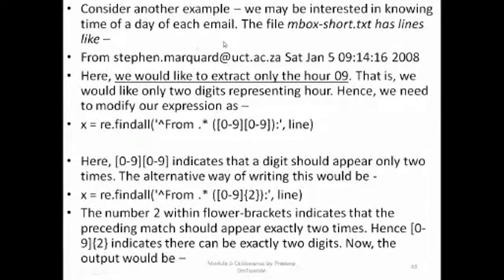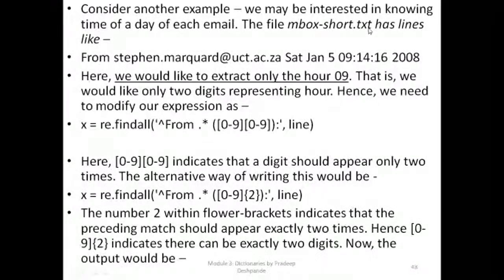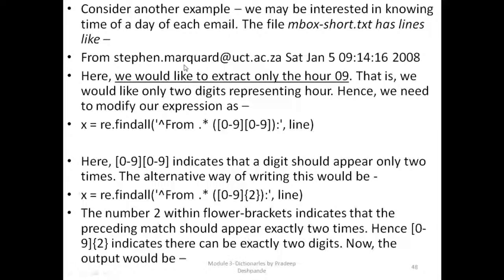Consider an email inbox with some lines like this: From Stephen Marquard, Saturday, January 5, 09:14:16, 2008. This is what we are speaking about. It contains the date also. So how can we write a regular expression for this?